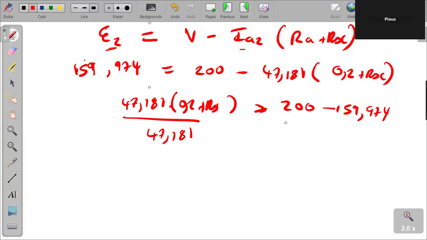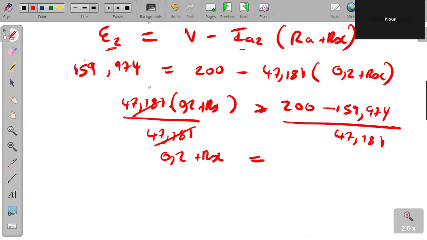Then we divide by 47.181, which means we end up having 0.2 plus Rx is equal to the value that we get here. If we punch this on the calculator, we get 0.848, right?